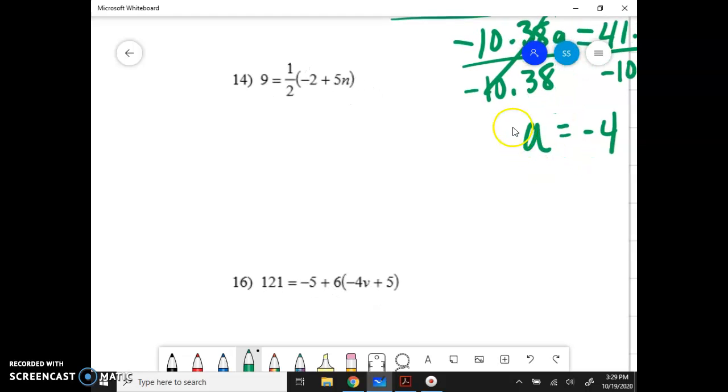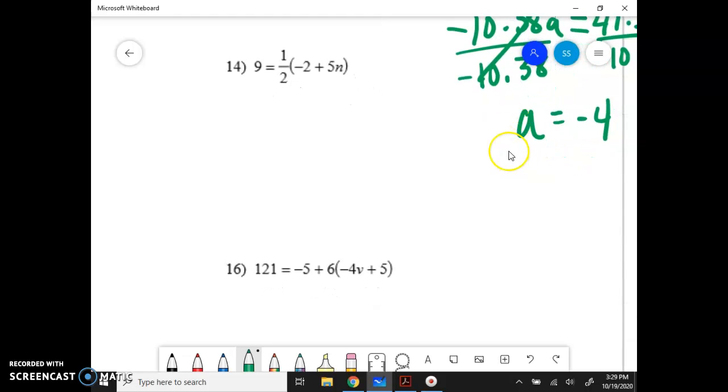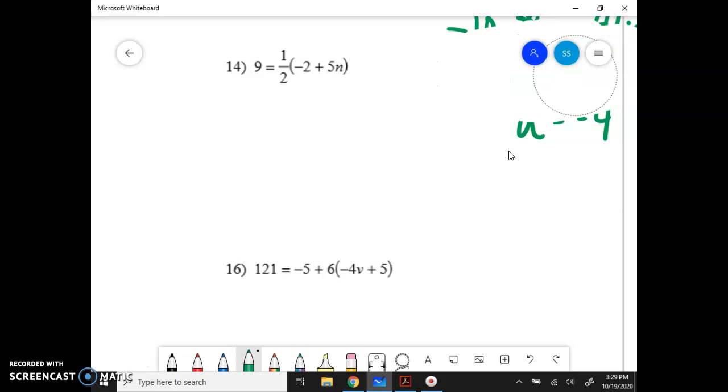All right. Number 14. I don't think I'm going to have time to get to all these. You guys are going to have to get through 16 on your own. So again, we could go ahead and do this two different ways. We could multiply out a half. We would get 1/2 times negative 2. That's just going to be negative 1. And then we could multiply that out again.